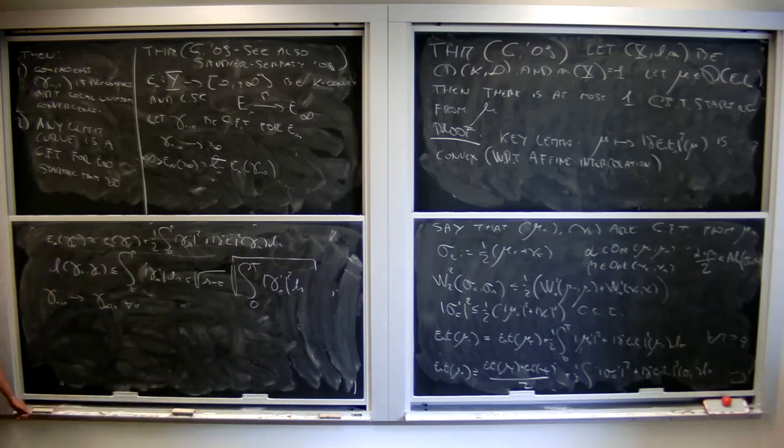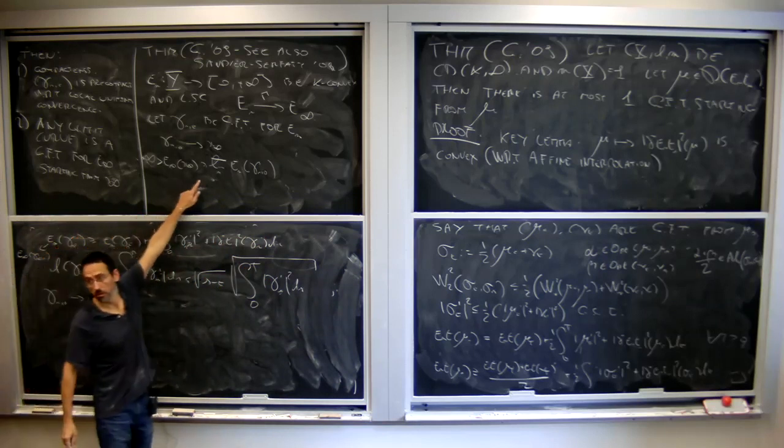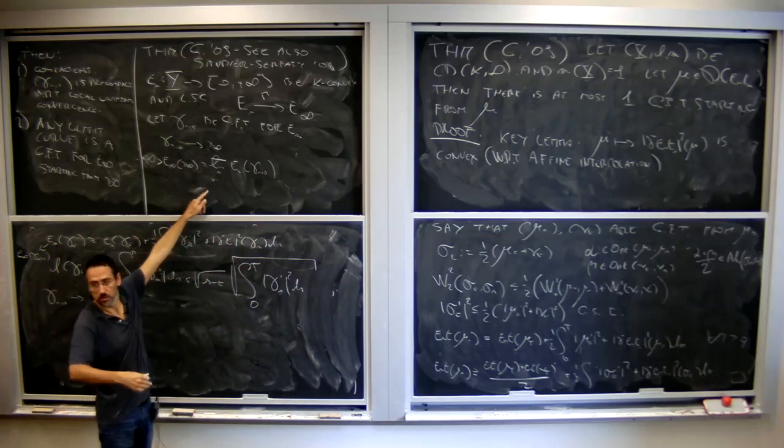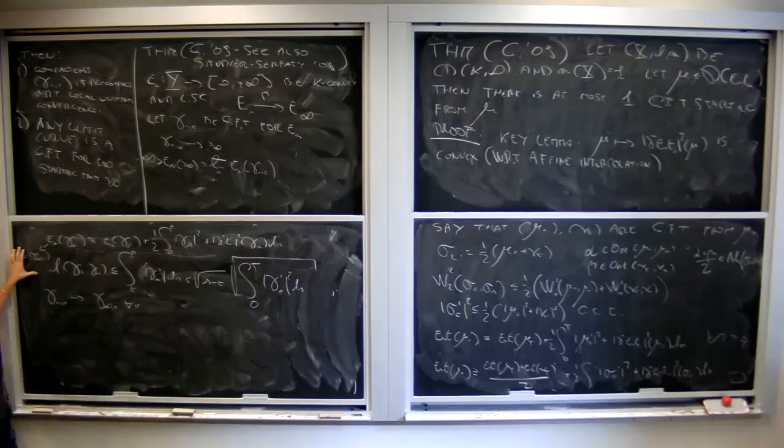Now, this quantity passes to the limit by assumption. This converges to E infinity of gamma infinity 0, if you wish, by assumption. Or if you wish, the lim sup of this is bounded by this. Okay?